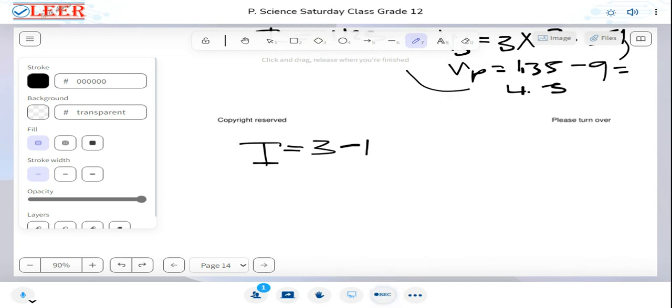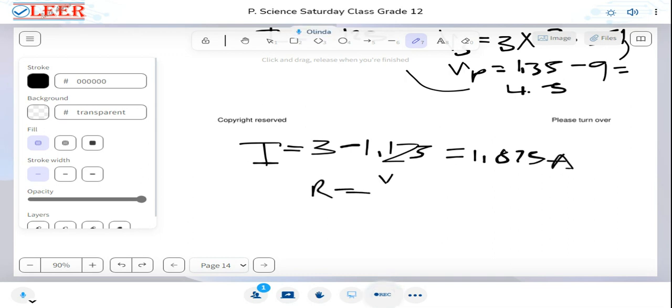So I is equal to 3 minus 1.125, which is equal to 1.875 amperes. Resistance is equal to V over I. So R is equal to 4.5 over 1.875, which is equal to 2.4.